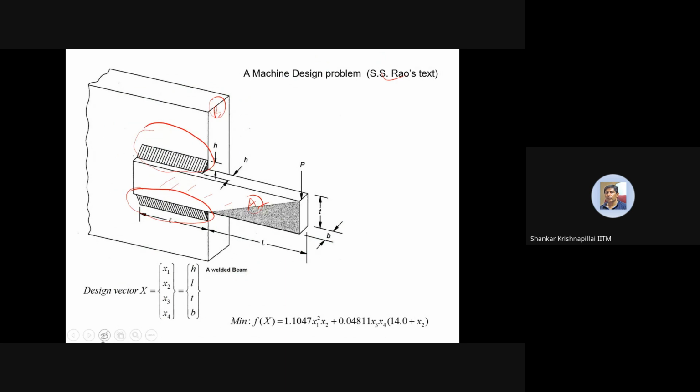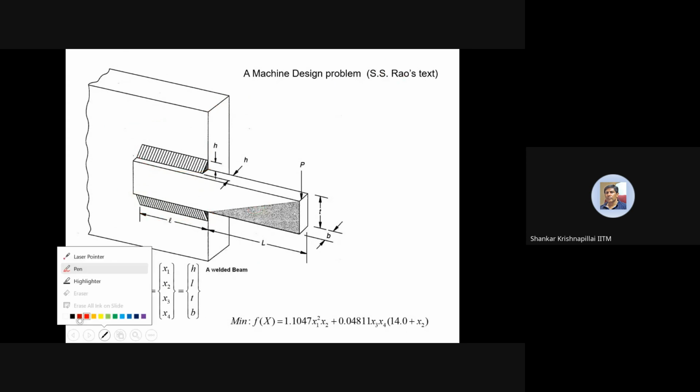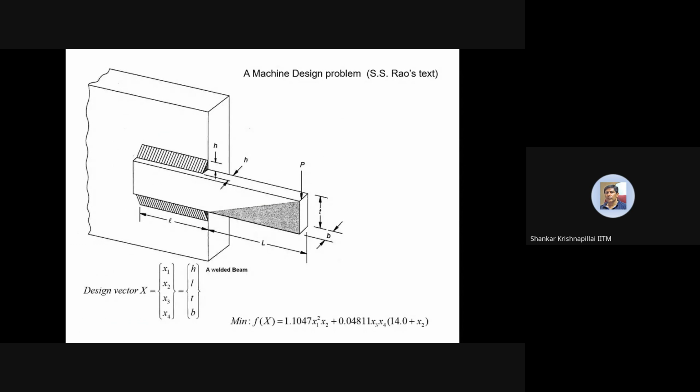Let me erase everything. What are the optimization variables? Four optimization variables are there: H, L, T, B. H is called the leg of the weld.